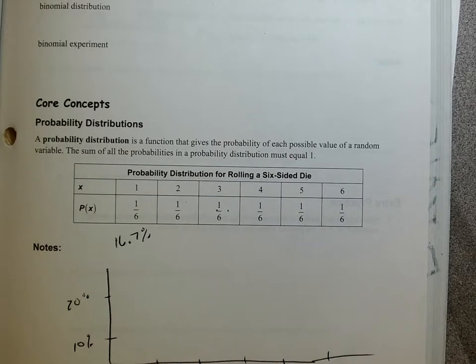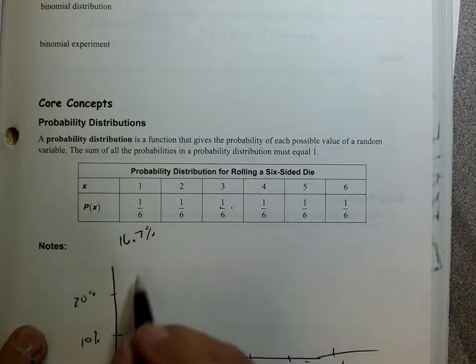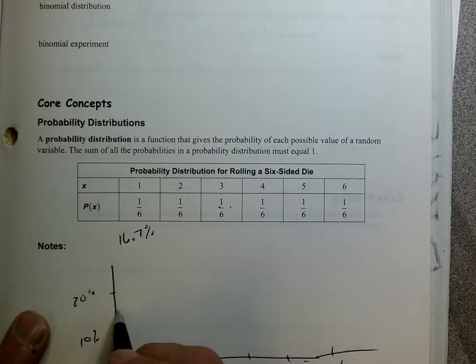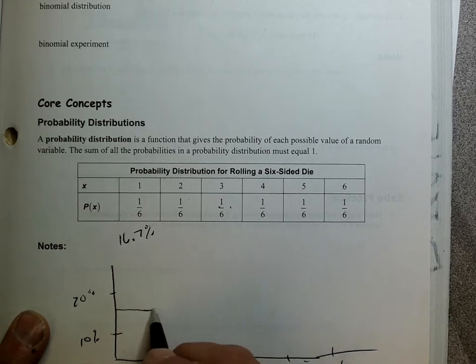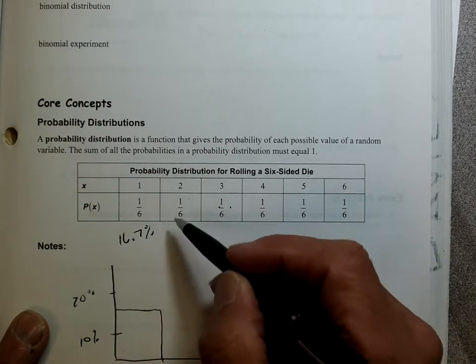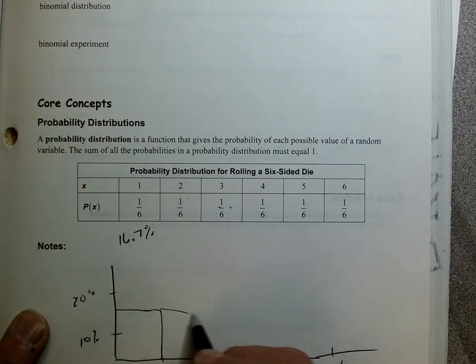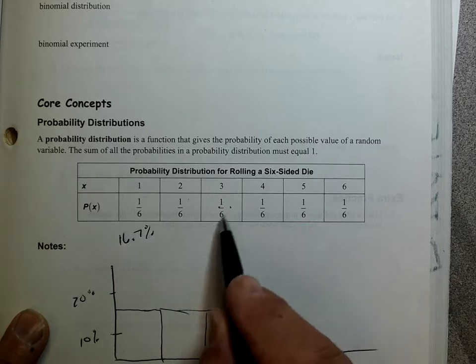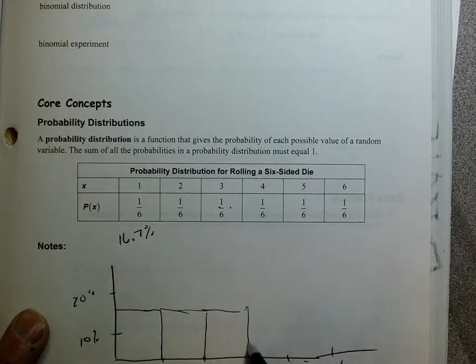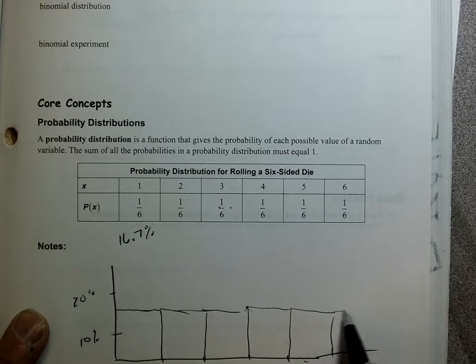My bar graph should be completely even because you have equal chances of rolling a 1. You've got 16.7%, so maybe a bar that looks like this. You have equal chance of rolling a 2 because there's only 1 out of 6, right? Should look like this. You should have an equal distribution of rolling a 3, 1 out of 6, a 4, a 5, and a 6.